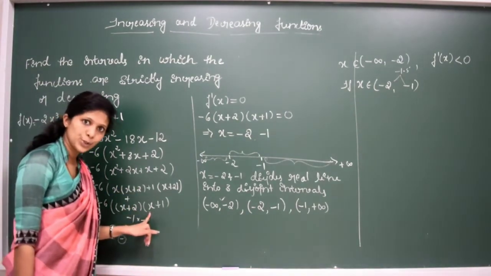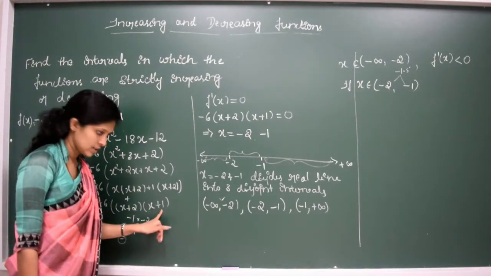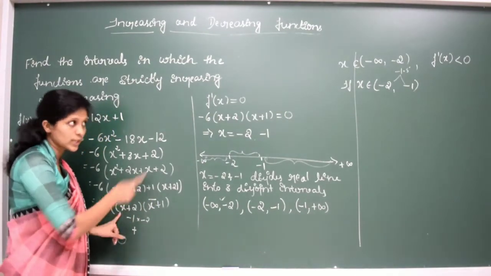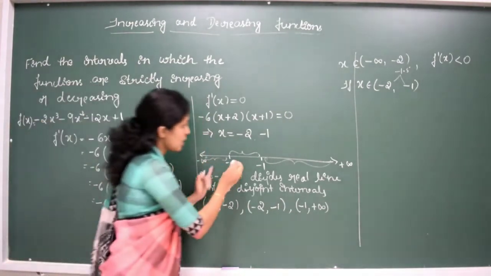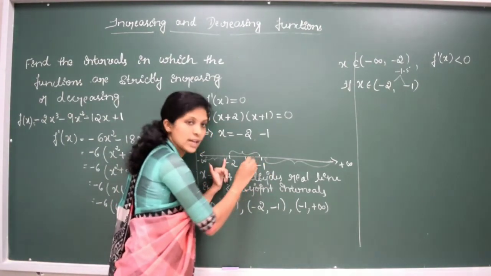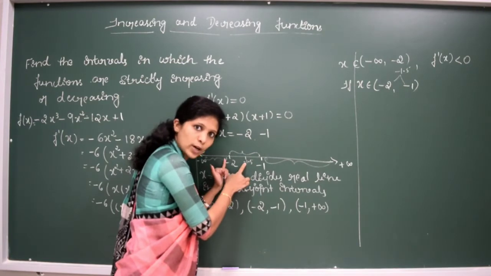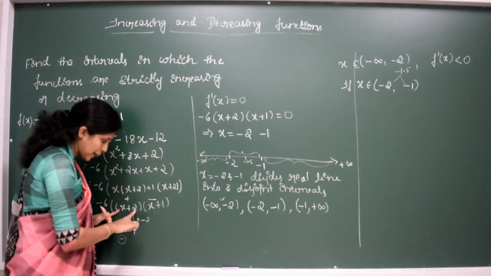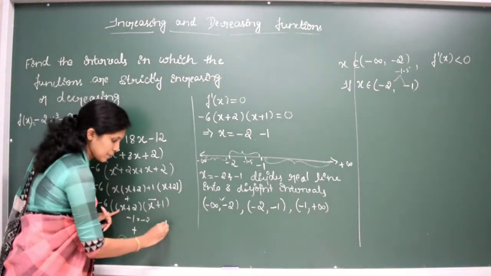Minus 1.5 plus 1 will be negative. Is it clear? I am substituting minus 1.5, which lies between minus 2 and minus 1. If I substitute minus 1.5, minus 1.5 plus 2 will be positive.